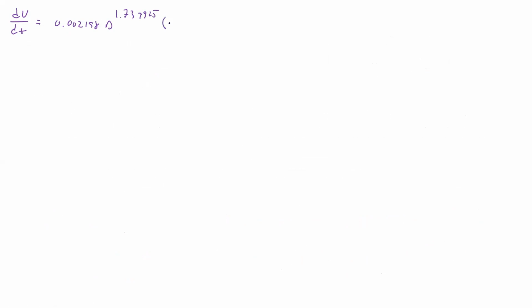Now we have a number, so when we take it with respect to h, we bring our power down, so that's 1.133187. And then that's going to be H to the, now we subtract 1, and so that's going to be 0.133187. And this is going to be dH dt. Okay. So that would be our actual function.